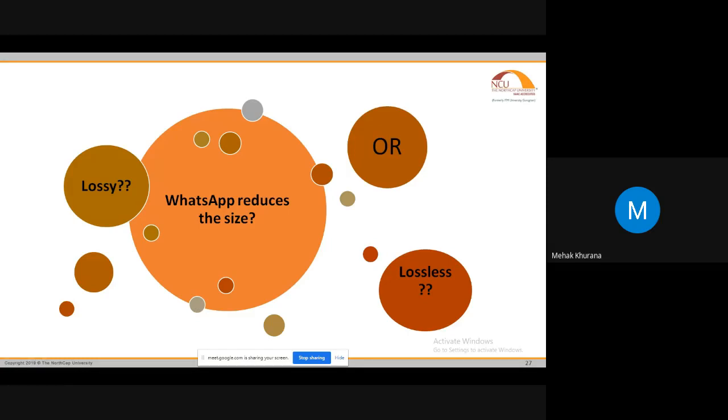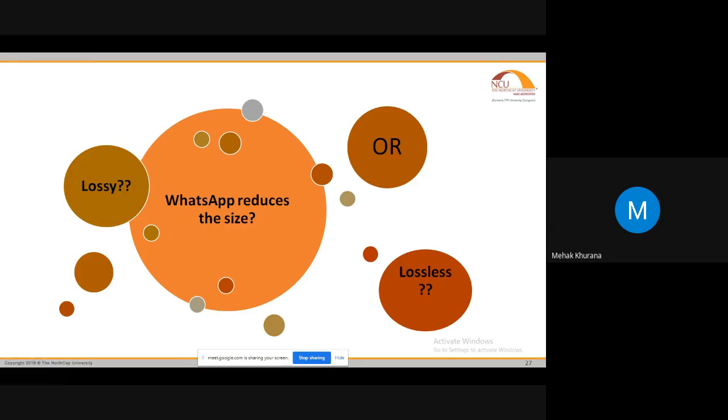When I try to upload it on Facebook, the quality of the image is not that proper, and it shows me a blurred image, not a clear image. The actual image was not blurred and was not of less quality, but when it was sent through WhatsApp, the quality got reduced because it uses the lossy compression technique.